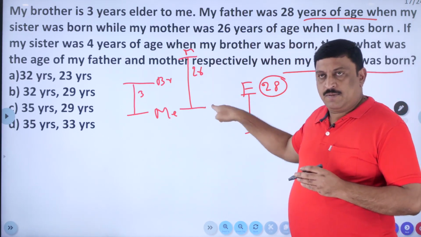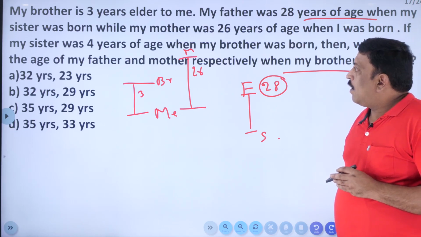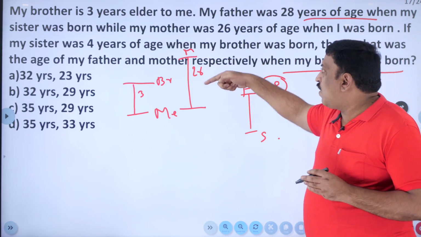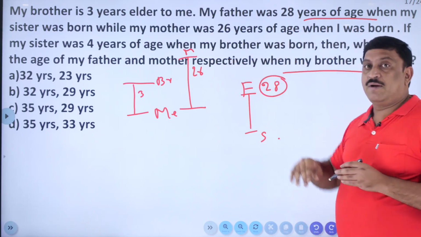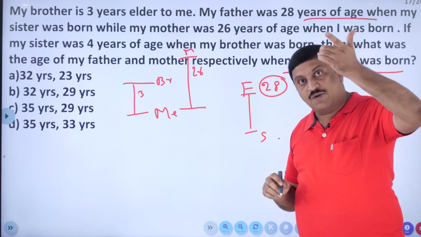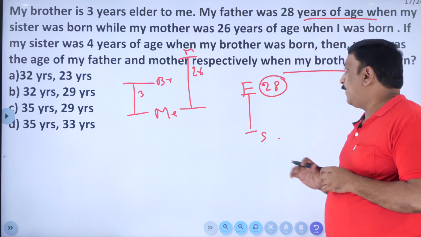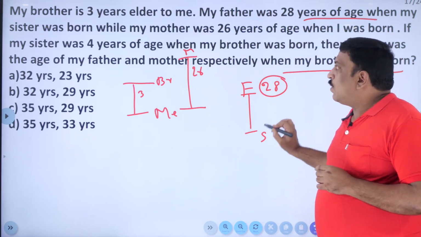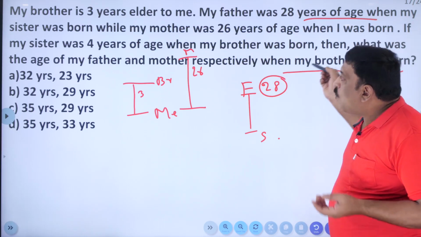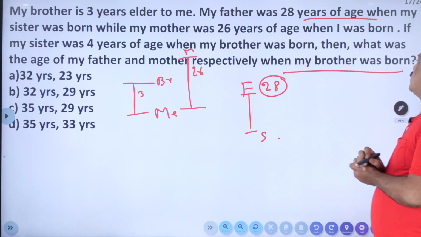Then, if my sister was 4 years of age when my brother was born, so definitely she is elder to the brother. Then what was the age of my father and mother respectively when my brother was born?